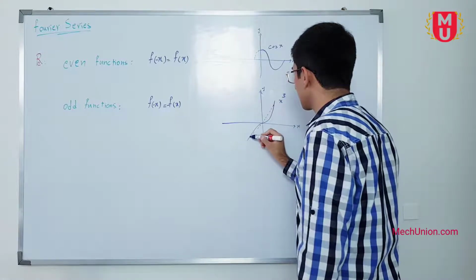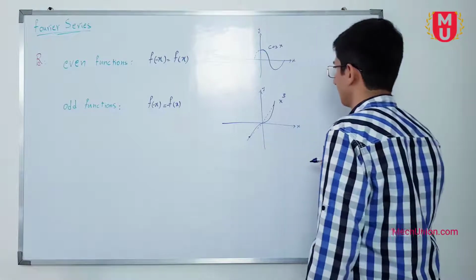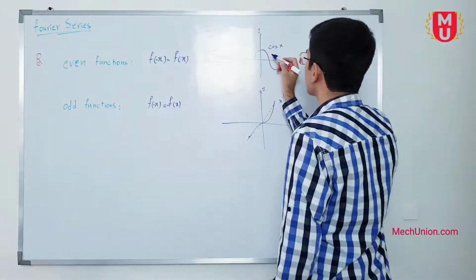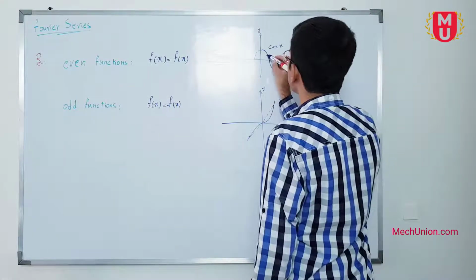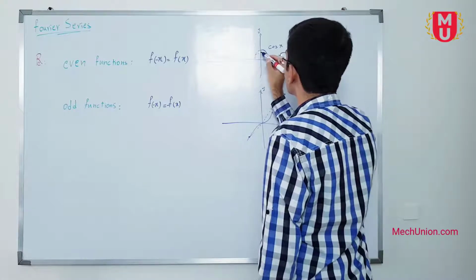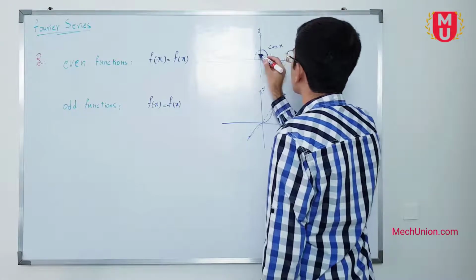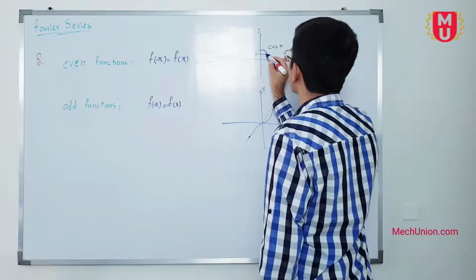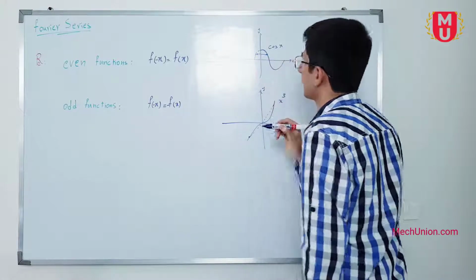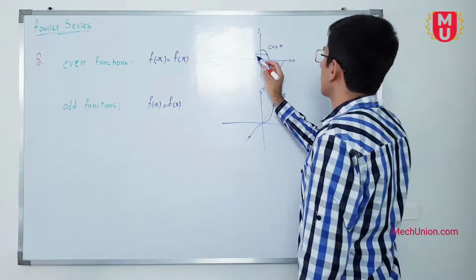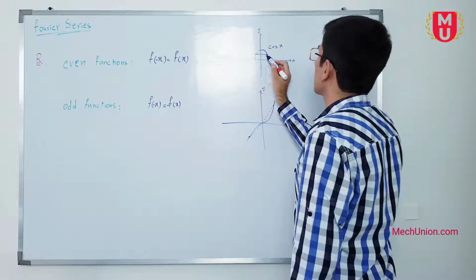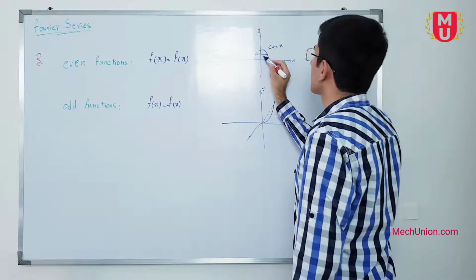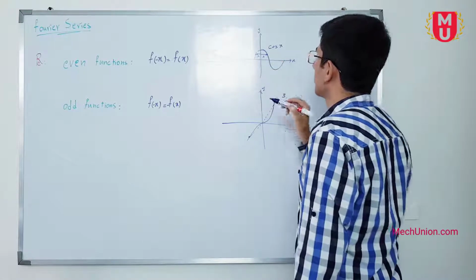This point is symmetric to this one. And in the even function, this point is symmetric to this point. That's it. The distance is equal. If it is a, this is a.